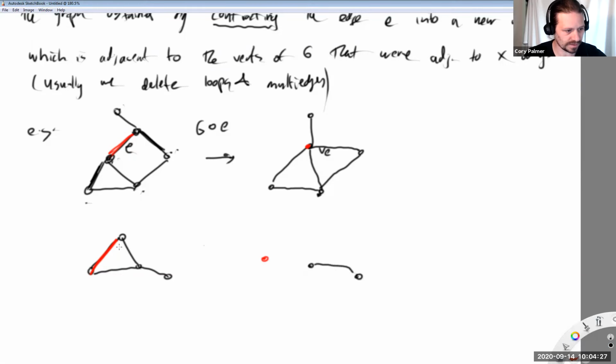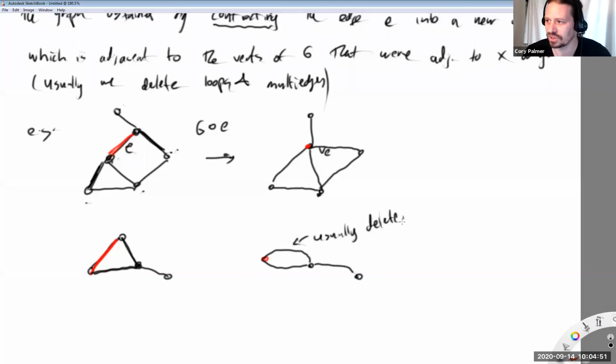These two remain adjacent, and notice this edge and this edge are both telling me the red vertex is adjacent to this vertex here, so this would actually give me two edges here. That's the contraction, an instance where you'd get multiple copies of an edge. Usually we'll delete that, okay? It just depends on the type of problem you're working on.